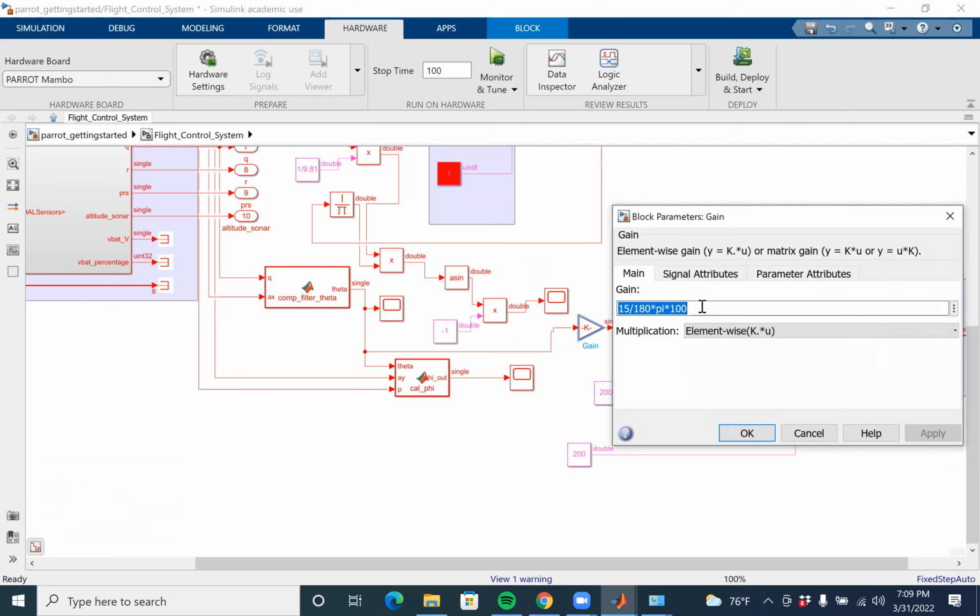So I would do 1 by 180 multiplied by pi, that gives me 1 degree. Let's see what happens if I multiply it by 1000.